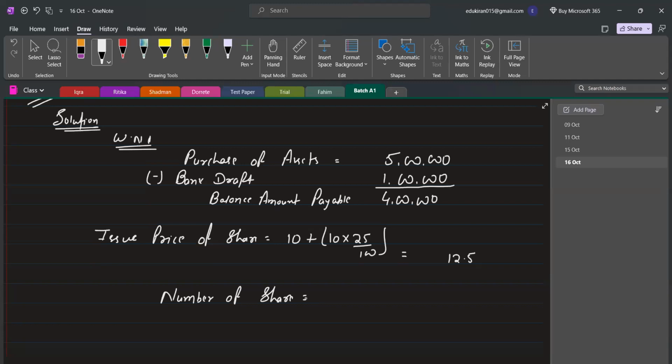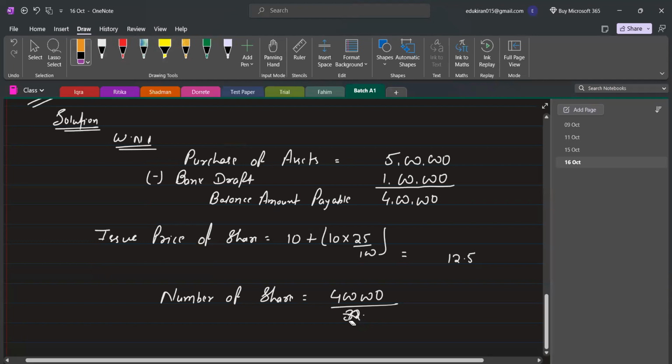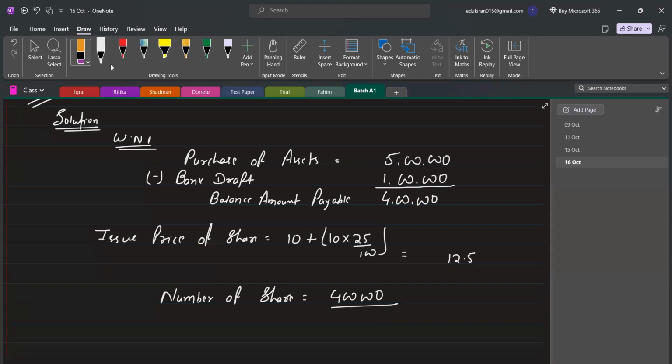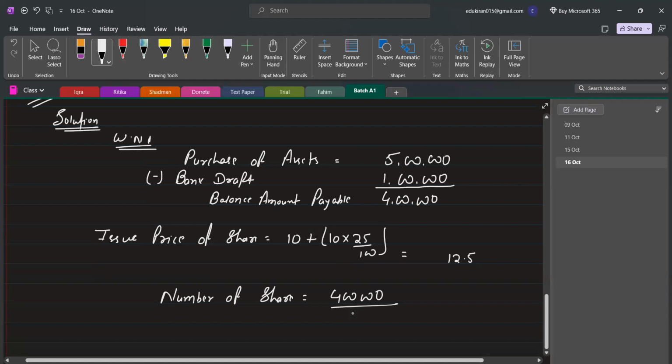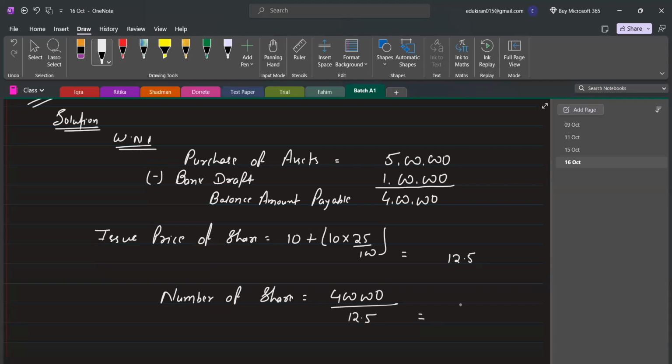Yes, it will be 32,000. So the number of shares will be 4 lakh divided by 12.5, so it will be 32,000 equity shares.